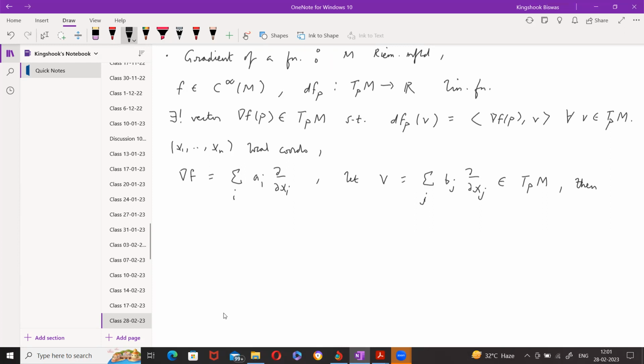Then what do I know? I know that this inner product of grad f with this vector v is going to be the sum over ij of ai bj gij, right? When I take the inner product and use bilinearity, I get this sum over ij, ai bj gij.